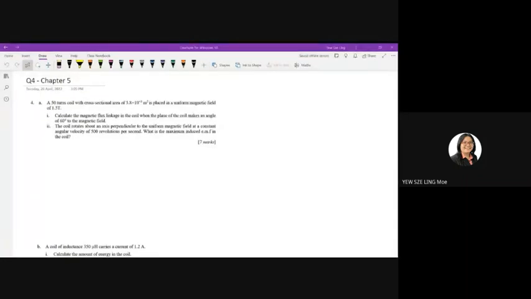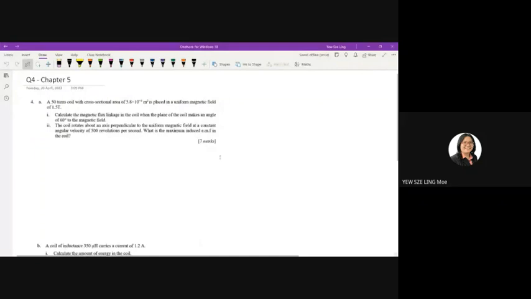Okay, now let us continue. Questions for chapter 5. Okay, so chapter 5, now how are we going to solve these questions? For A, a 50 turns coil with cross-sectional area.